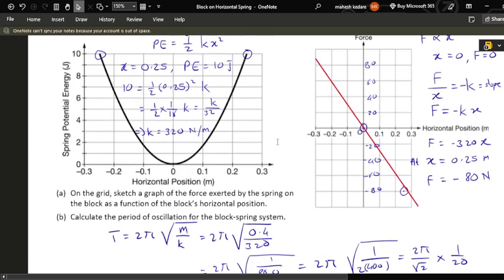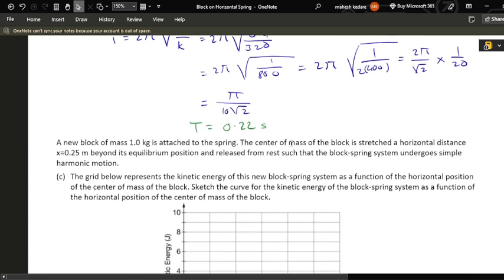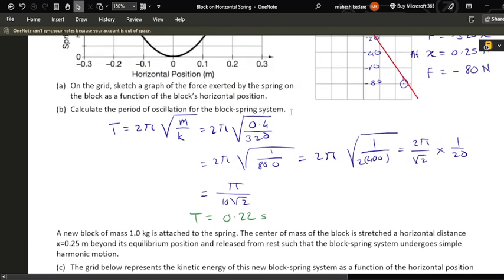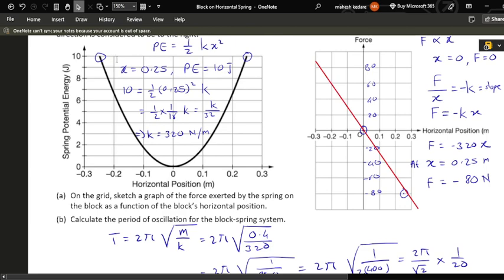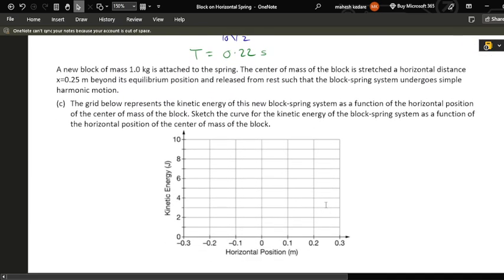Where will the bottom of the potential energy graph become the top of kinetic energy? Now we want to know where the top of the kinetic energy graph will be and where the end positions of the kinetic energy graph will be. We want to know that.